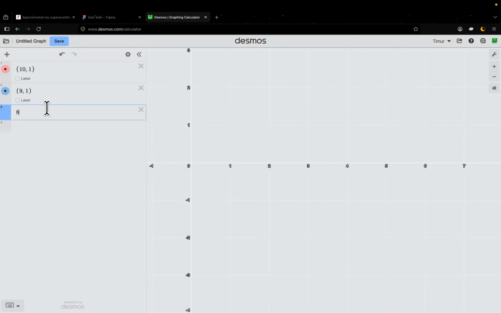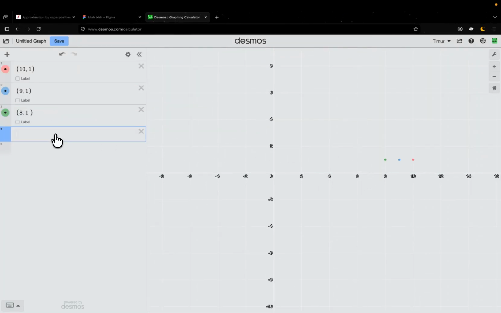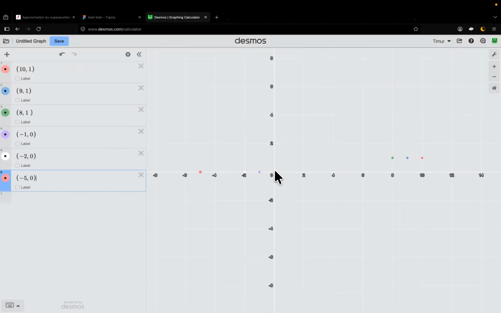Let's say 8, 1. And here we're going to do 0, negative 1, negative 1. Negative 2, 0, negative 5, 0. So we have this sort of function that is actually a decision function.